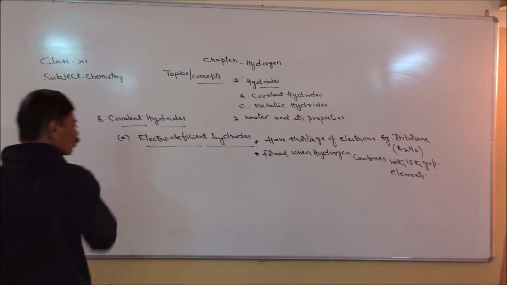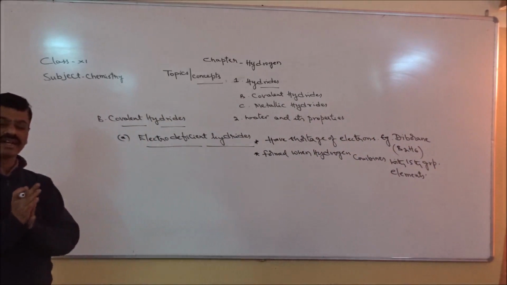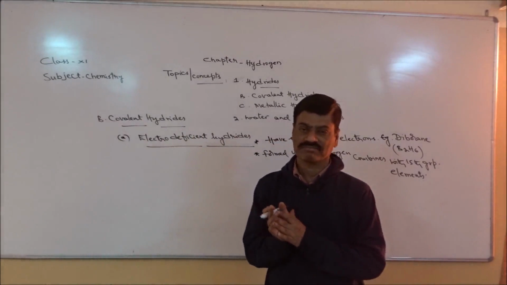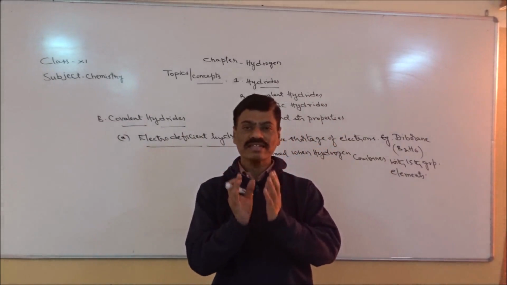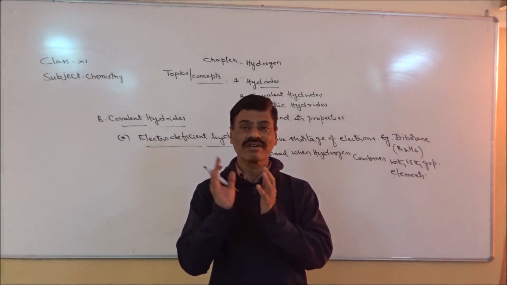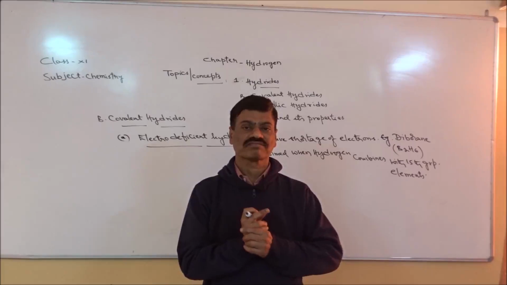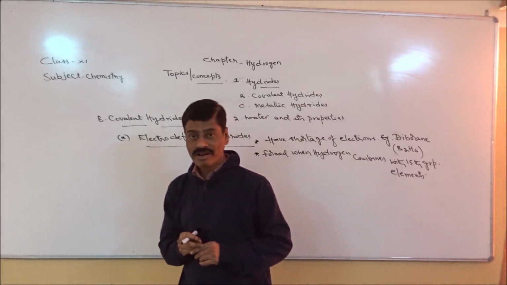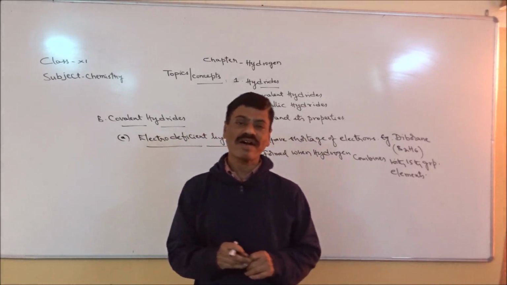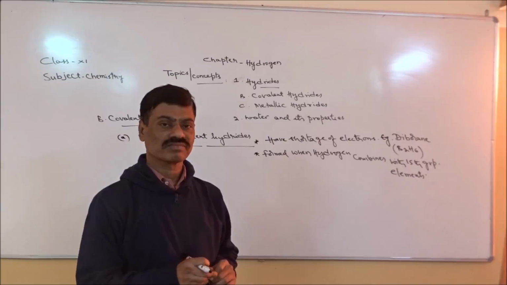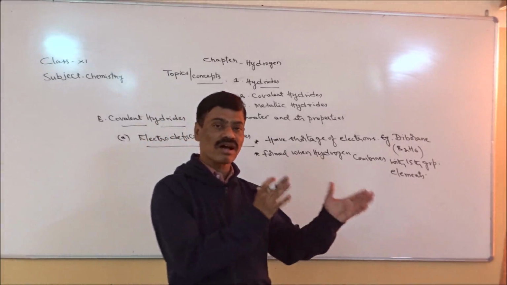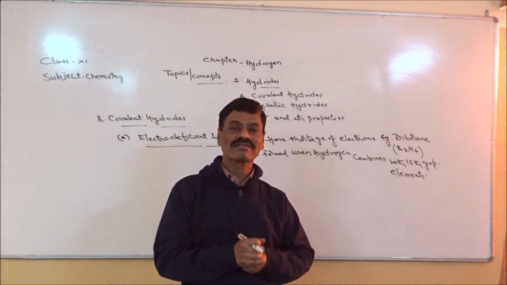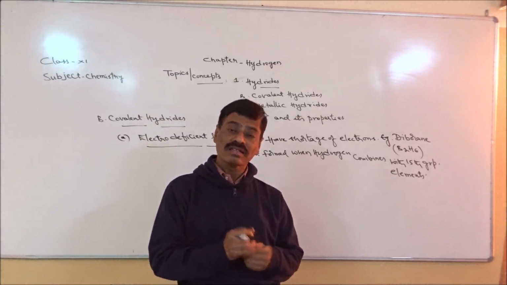Fine. Now we'll move to second type of hydrides, that is electron precise hydrides. Precise means in chemistry required, right? So how many electrons are required for the formation of hydrides? If exact number of, there should not be more, there should not be less. So what exactly required?